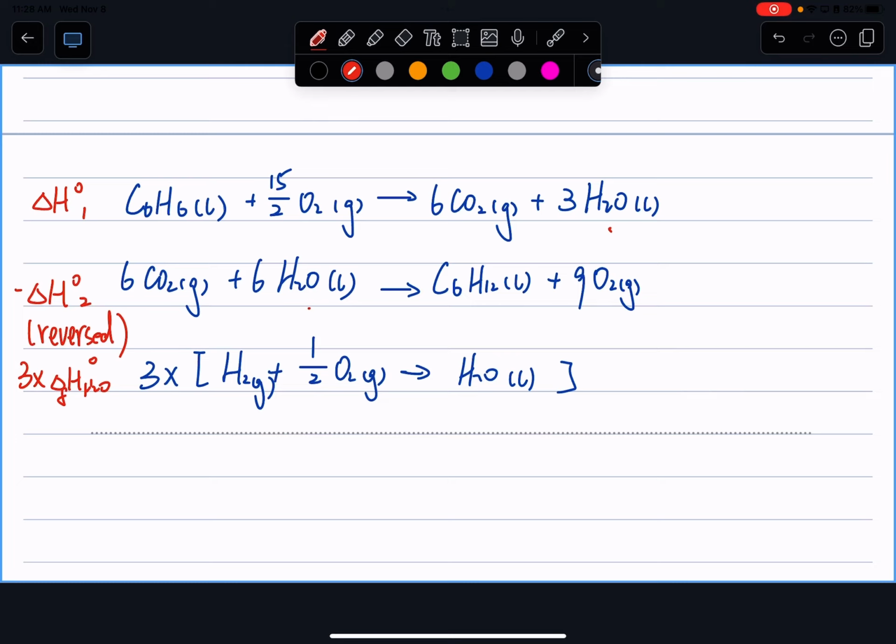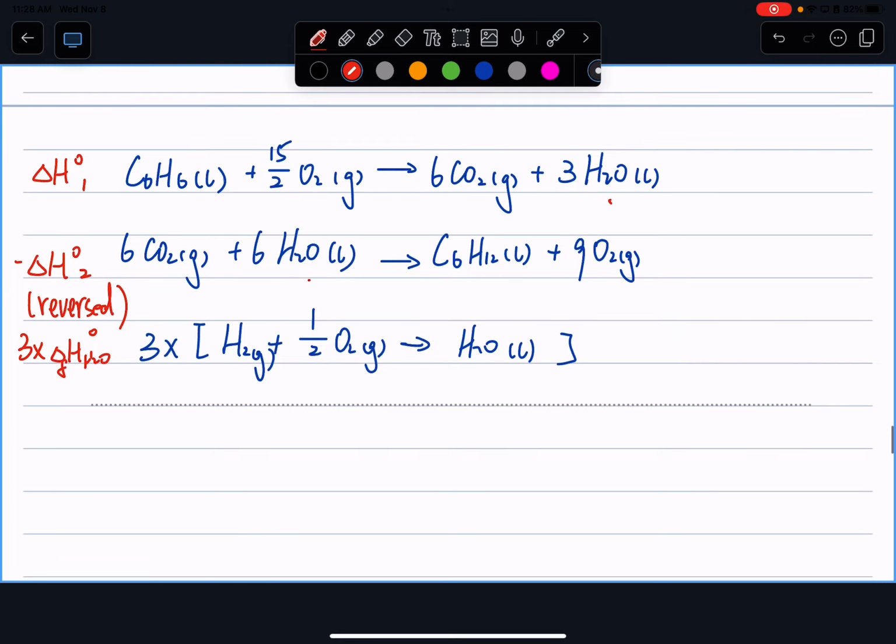All right, and if we look at the overall processes here, what do we have? On the left-hand side, we have C6H6, and my water cancel out, so this one is effectively 3, 3, 3. These 3 and the 6 water cancel out. And in this case, the 6 carbon dioxide cancel out.